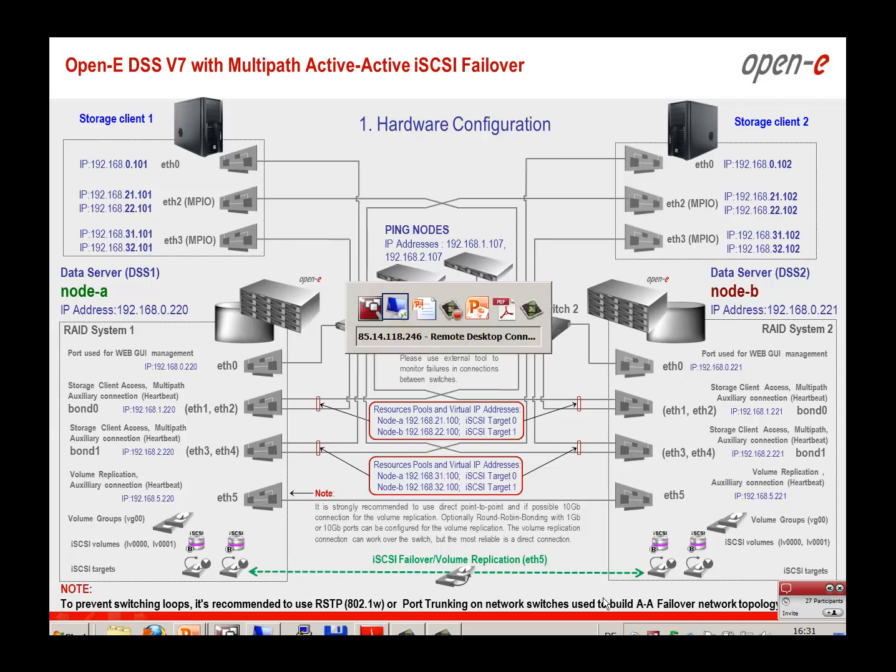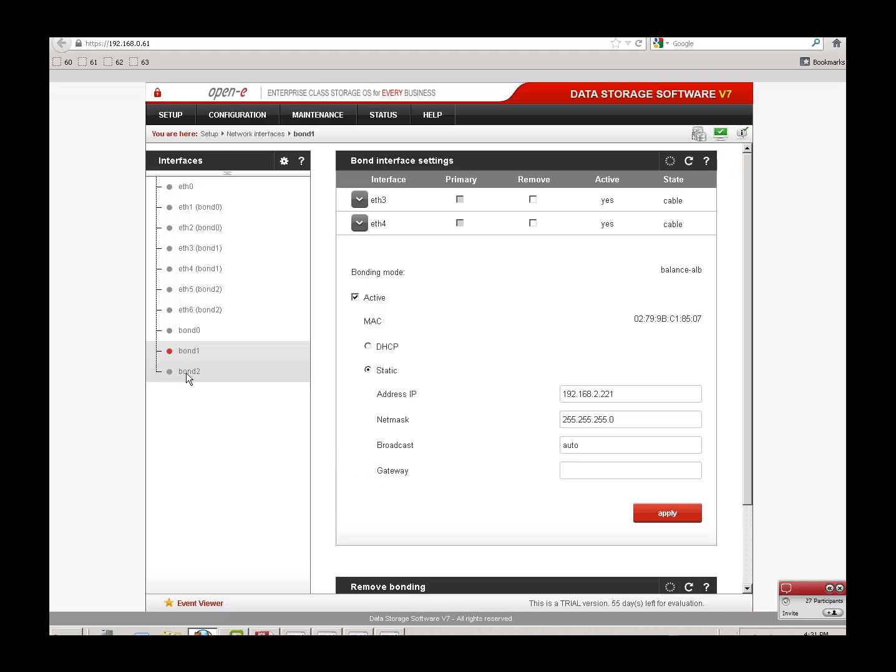Okay, and the last is the volume replication. I could have one single card, and in such a case we strongly recommend a single 10 gigabit Ethernet card, point-to-point only. In special cases you can use a switch in between, but point-to-point is really the most strongly recommended setup.